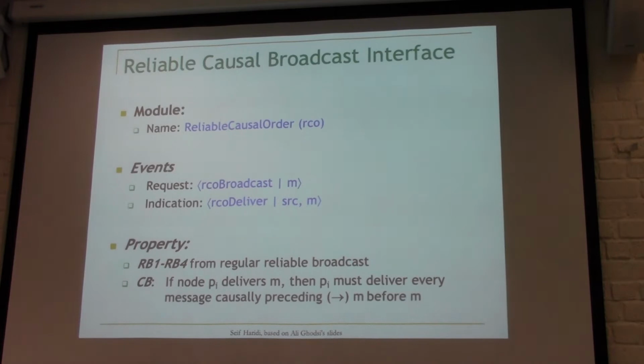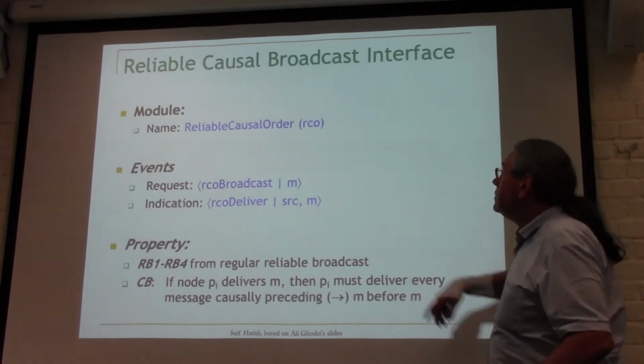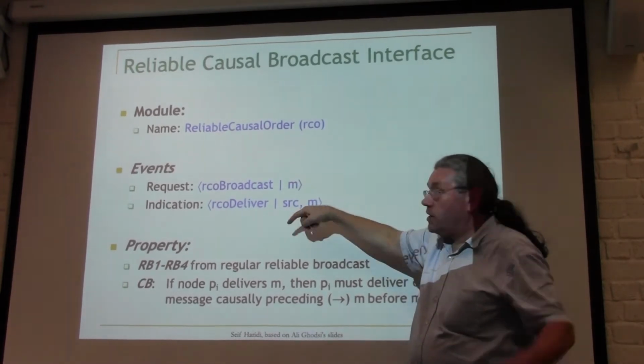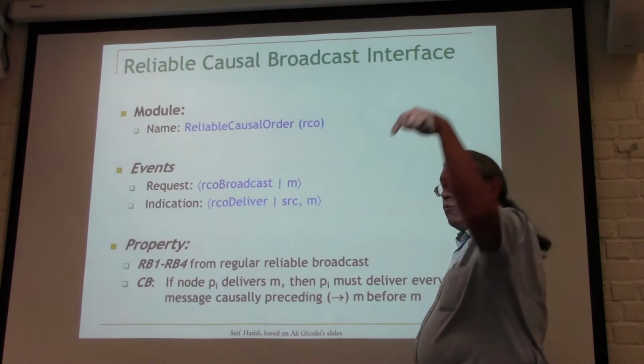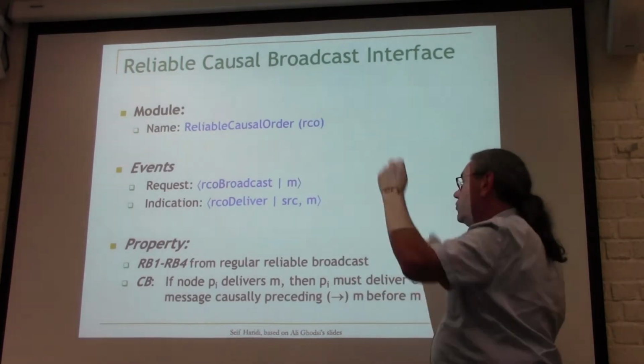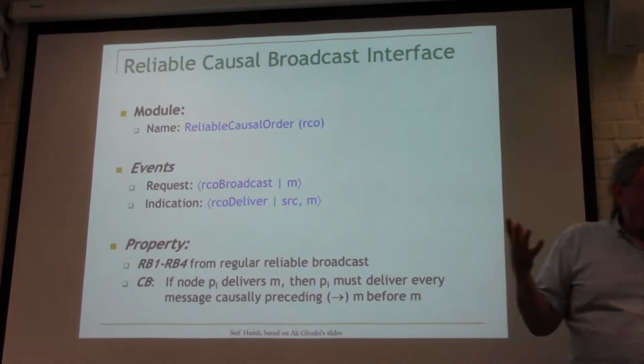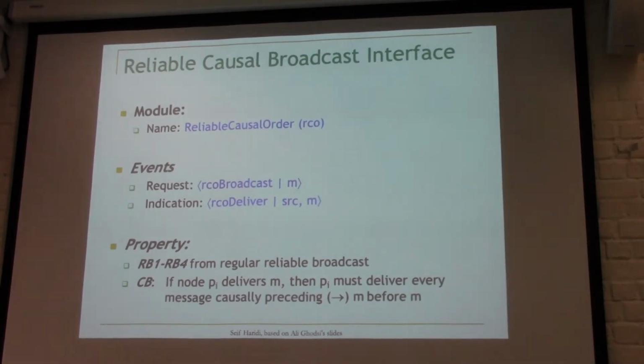Okay, now let's look at the full interface. So this is reliable causal order. We have a broadcast and a delivery, so a request and an indication. And what we do is we actually are going to build on what we know.